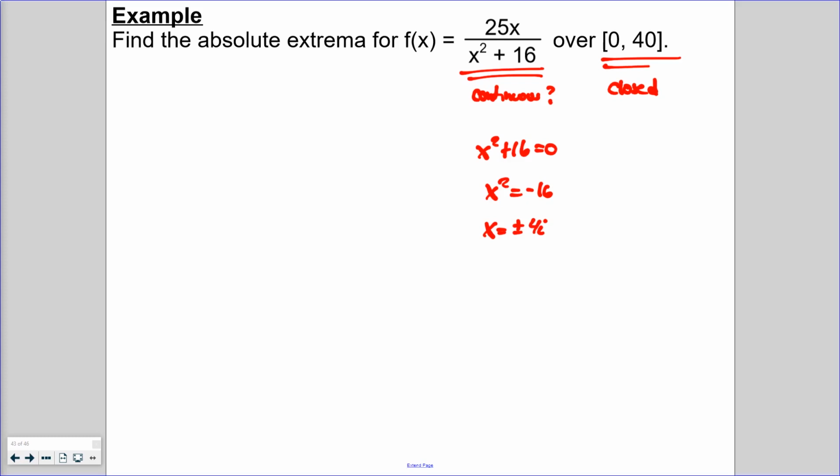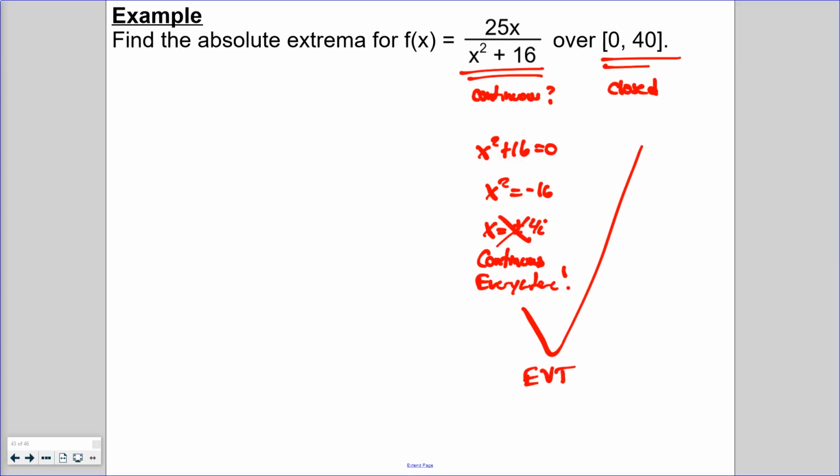So the denominator will never equal 0, which means that this particular function is continuous everywhere. We have satisfied the extreme value theorem, which means we are guaranteed to have both an absolute max and absolute min, just like the previous example.